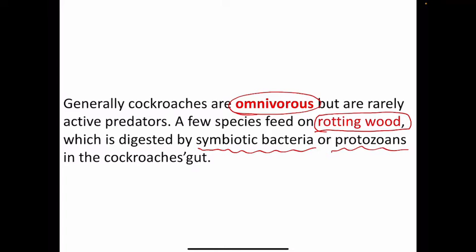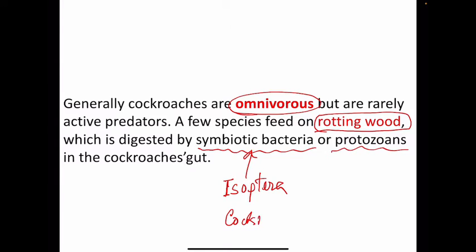Now you see, these things are also commonly found in Isoptera, termites. In termite gut also there are endosymbionts, and they feed on rotting wood, and they can digest it because they have this kind of endosymbionts in their gut.